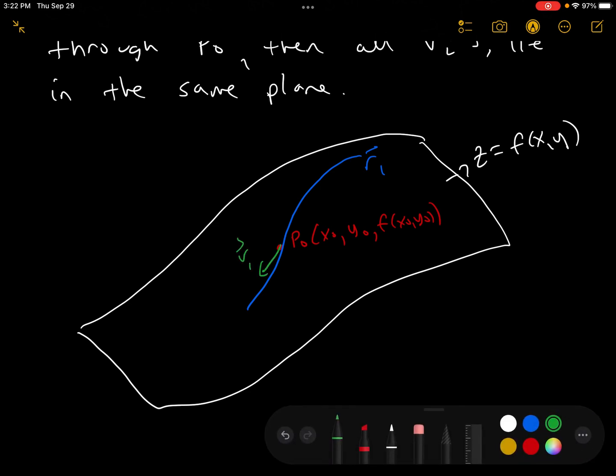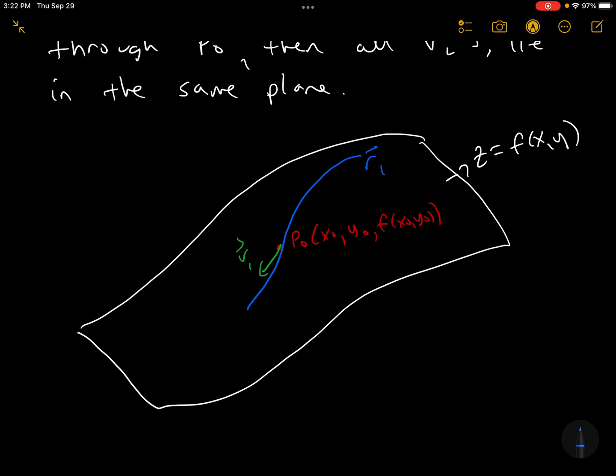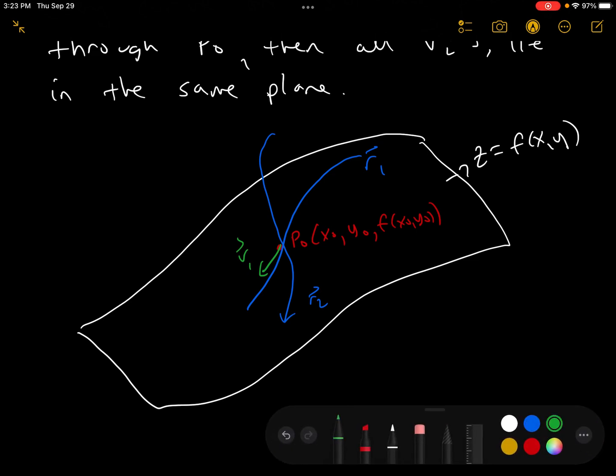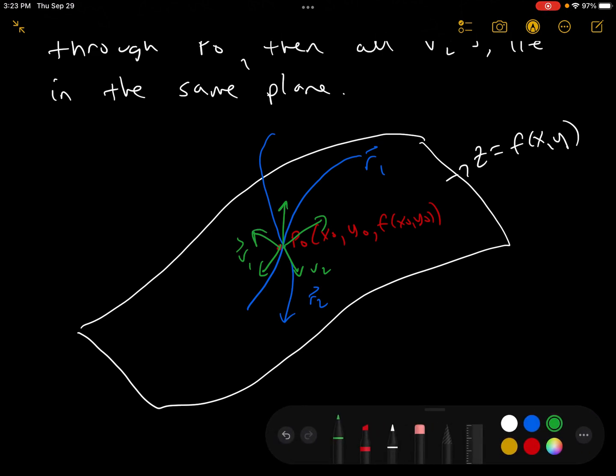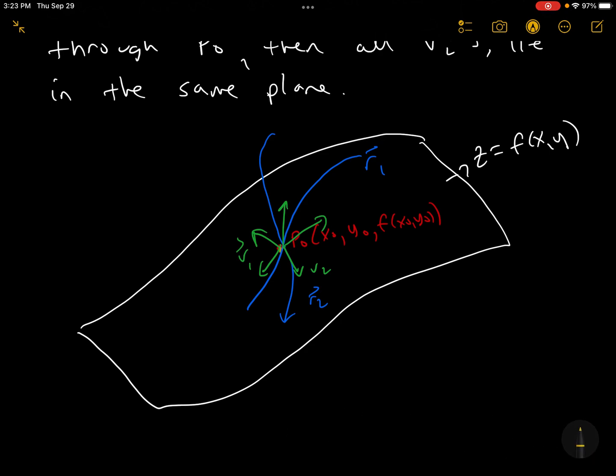And if I pick a different r going through here, it also has velocity vector v. And all of these little velocity vectors, whatever the r's are, they're all in the same plane, and they're orthogonal to del f, right?